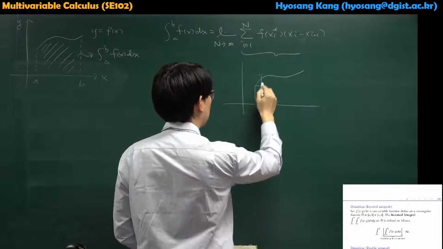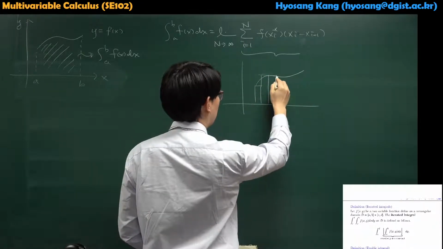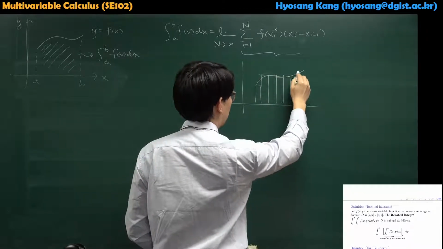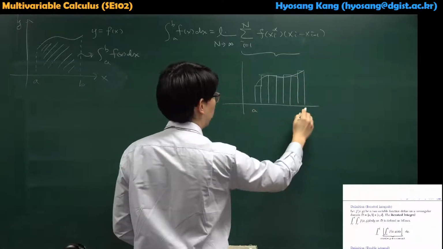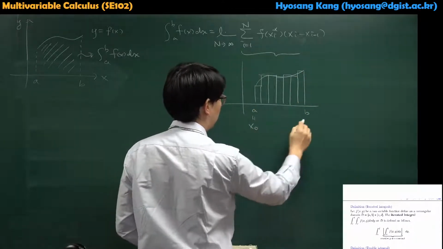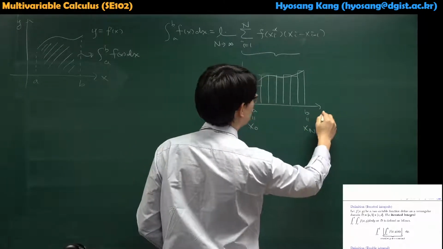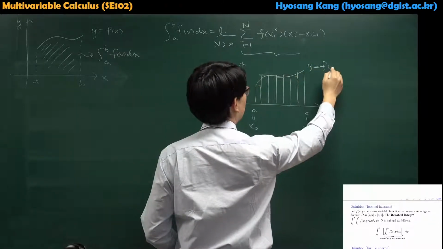So here's another picture. So here are the rectangles. Sometimes they are above, sometimes below, like this. It starts from x0 and ends at xn, and n is quite large here, and y is f of x.